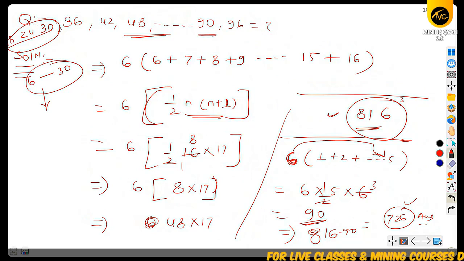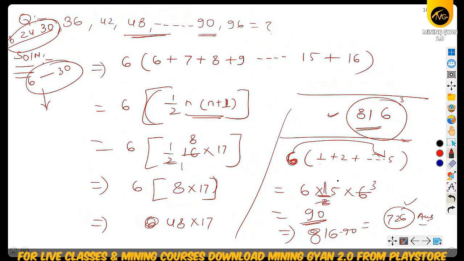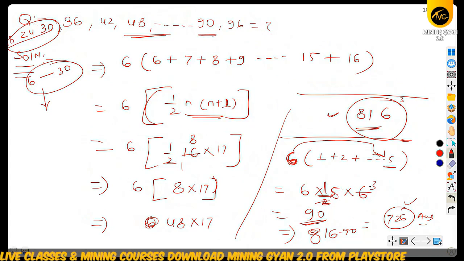Again you have to use the same formula, 6 into 1 divided by 2, n into n plus 1. So n is 5 in this case, and n plus 1 is 5 plus 1, that is 6.